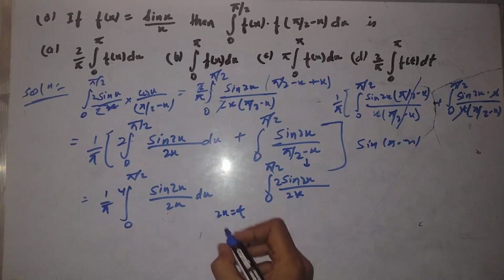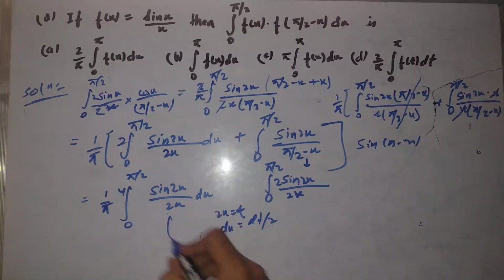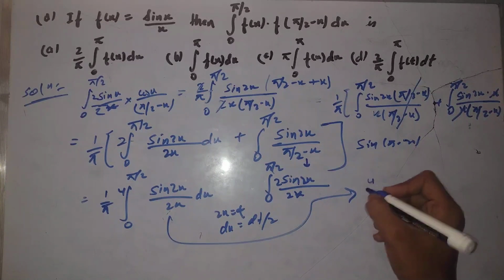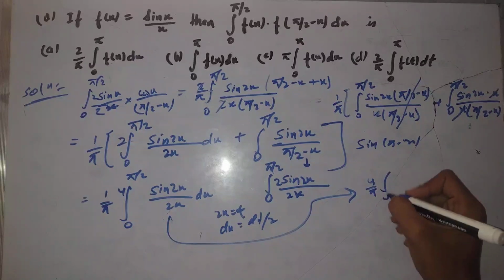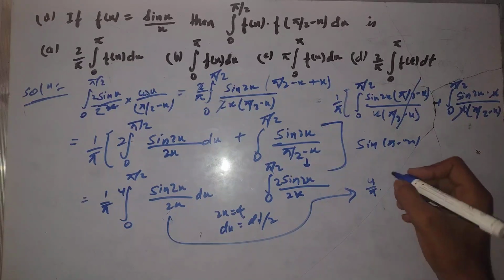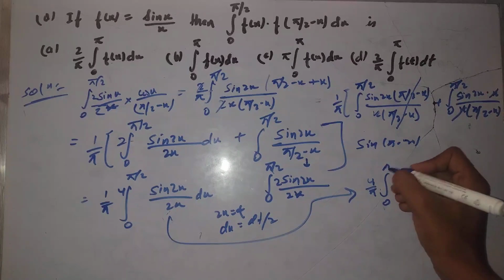Then dx would be dt by 2. At x equals 0, t tends to 0, and at x equals pi by 2, t tends to pi.